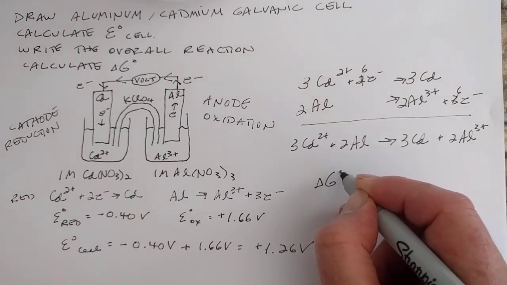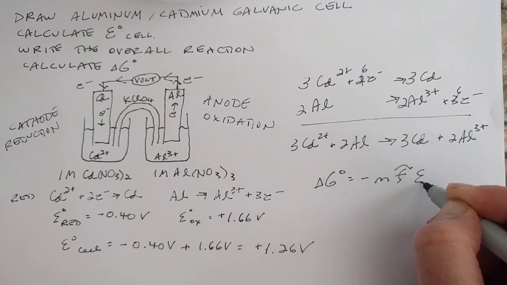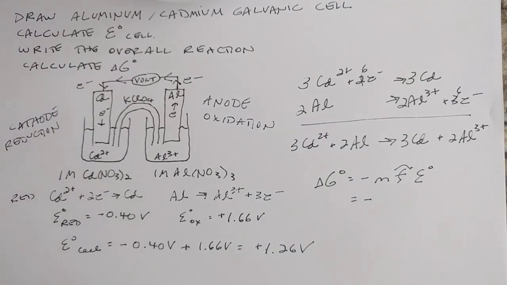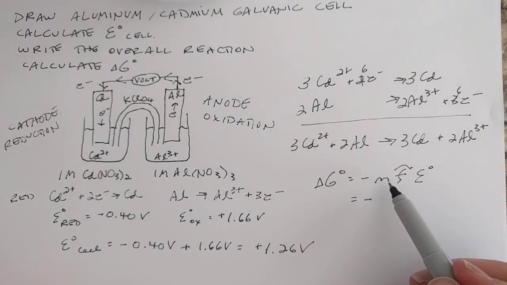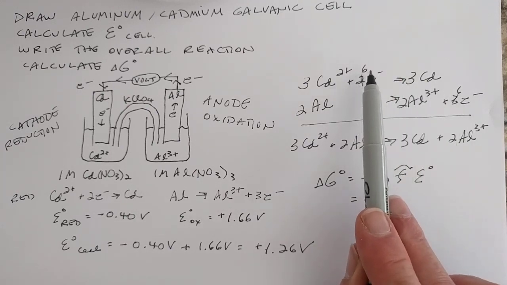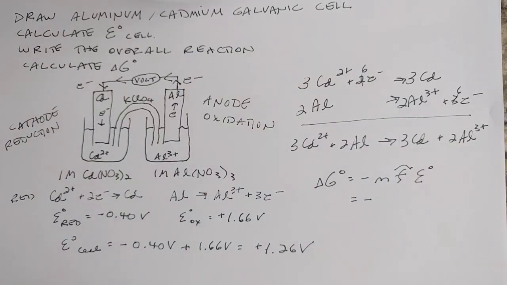So now we're going to calculate the delta G0. So delta G0 equals minus nFE0. Minus, didn't forget the minus sign this time. Okay, what is n? n is the number of electrons that got transferred. It's the 6. It's the number of electrons that cancel out when you were getting your overall equation.